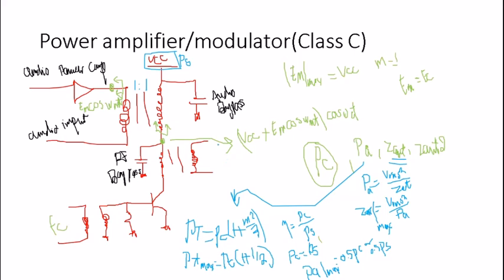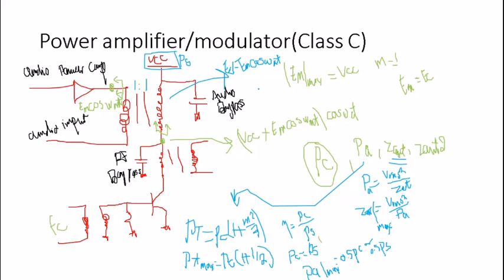So again, assuming a 1-to-1 ratio, the voltage of the transformer, as we know, equals the voltage coming out of here, which equals EC, the carrier, plus E modulated signal cosine omega m of t.